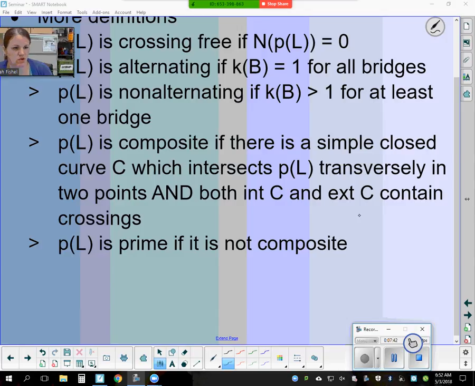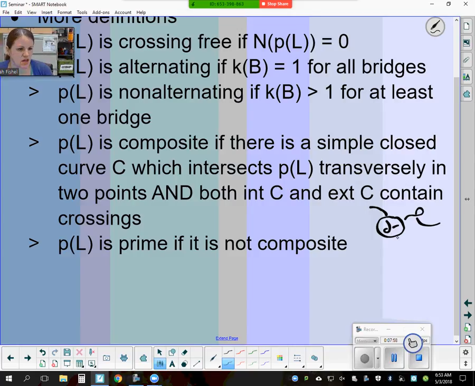So if you have any type of projection, but somewhere in that projection you have something like this, where you can circle it, it's only intersecting 2 spots, and you have crossings within it and outside of it, then it's composite. It would be prime if it's not composite.